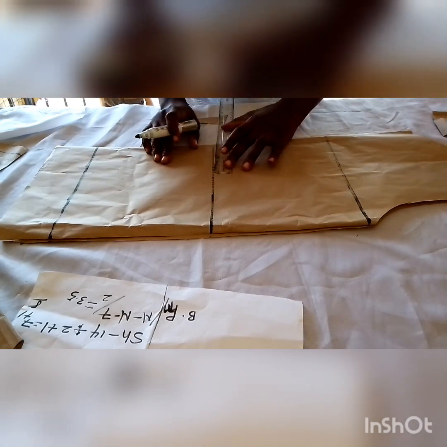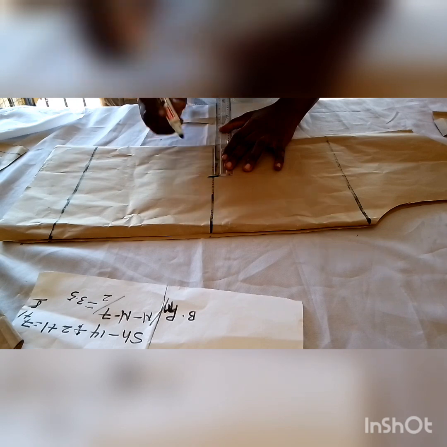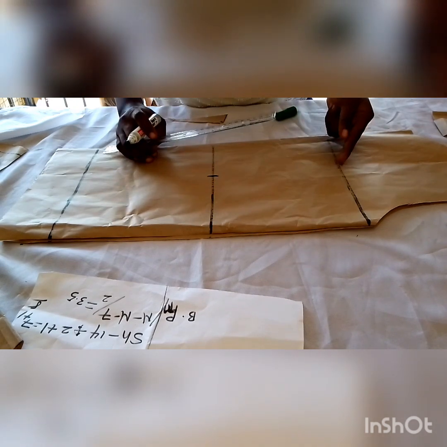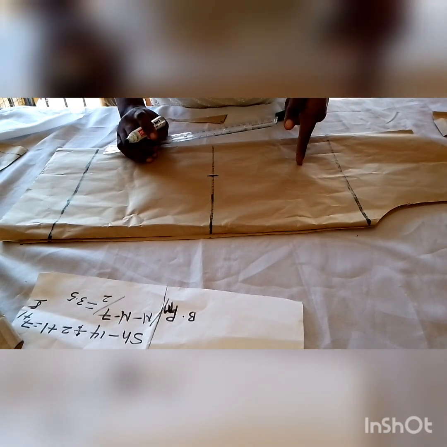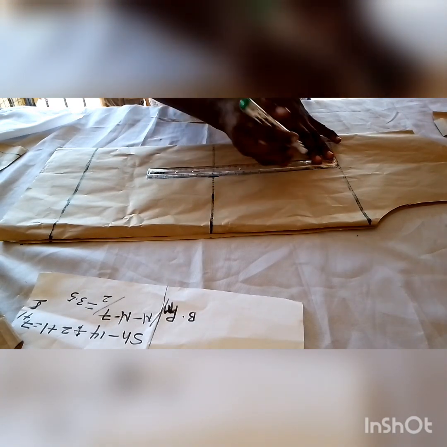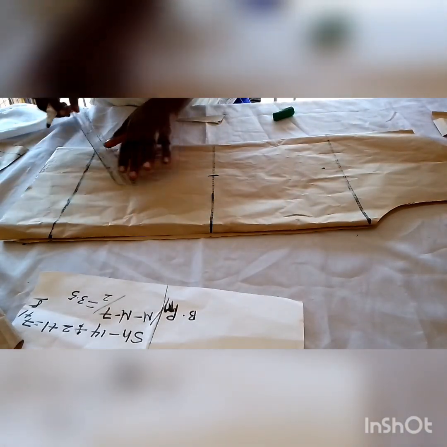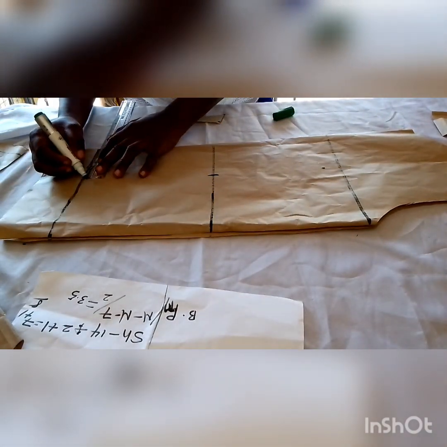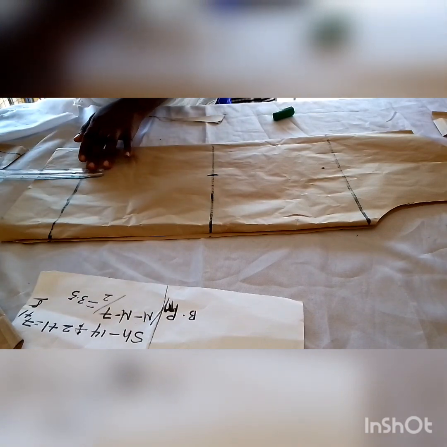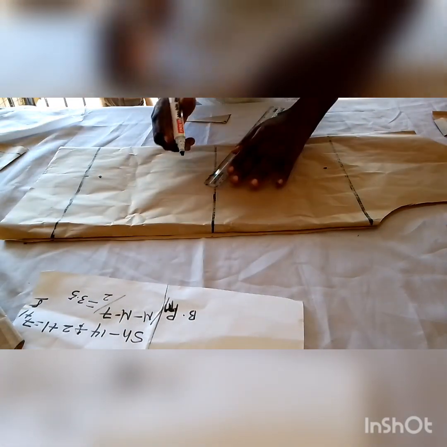So now I'll still place the nipple to nipple measurement we use at the front, which is 4 inches on the waistline. Then from the chest line, I'm coming down by 1.5. Then from the hip line, I'm still coming up by 1.5. Mark 1.5, both up and down.